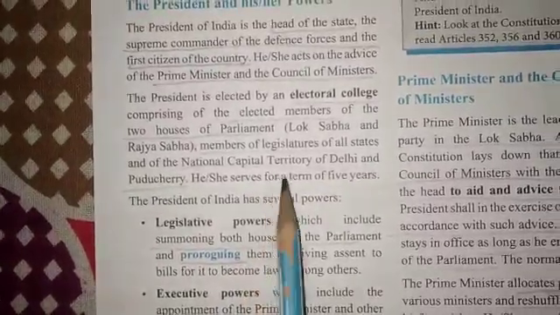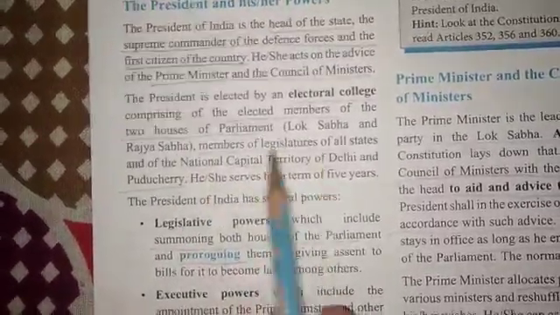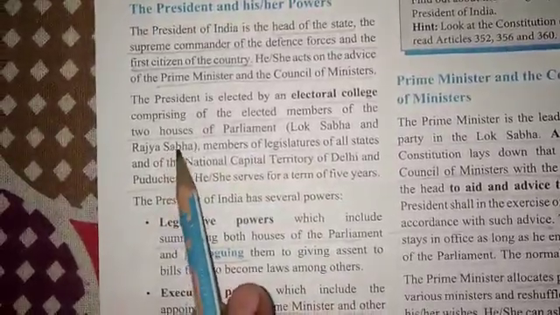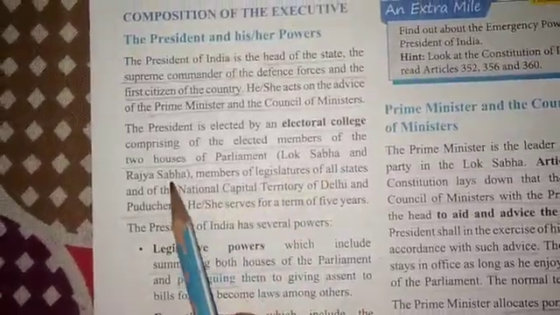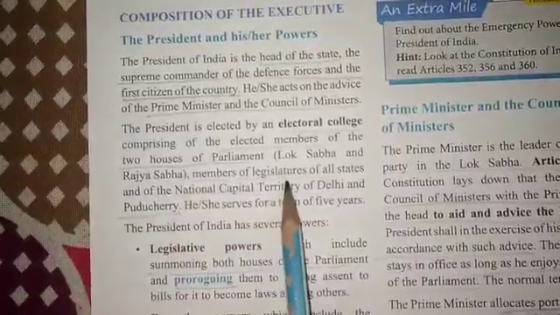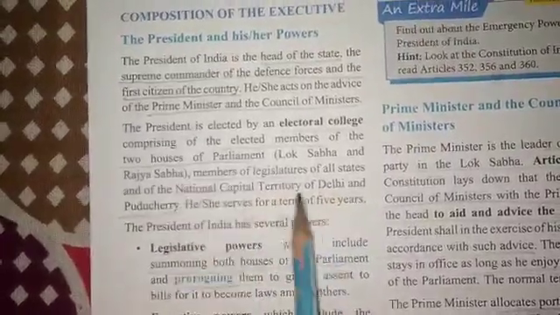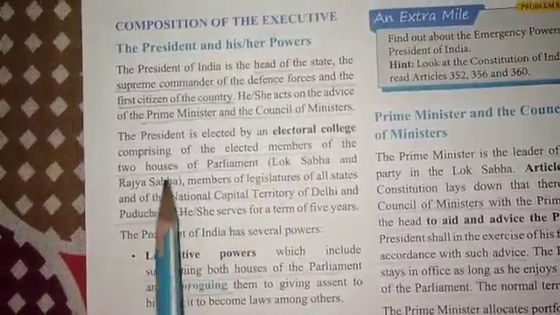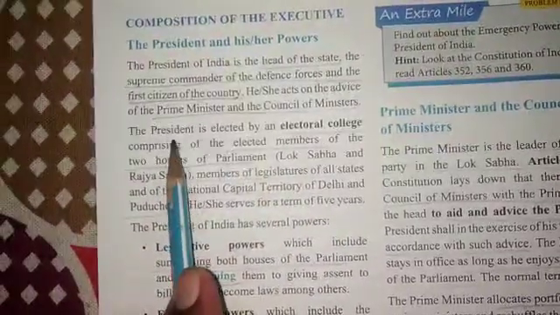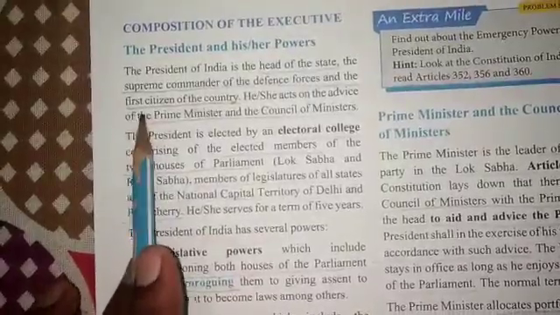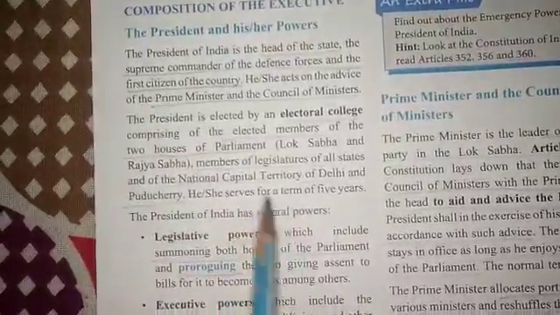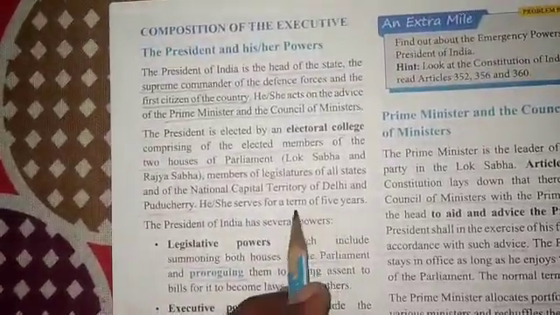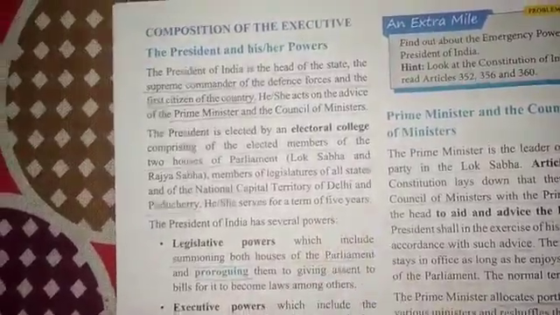Means the members of the Lok Sabha and the Rajya Sabha and the members of legislatures of all the states and the National Territory Delhi and Pondicherry. These all elected members elect the President of India, who is also the first citizen of the country. The term of the president is 5 years.